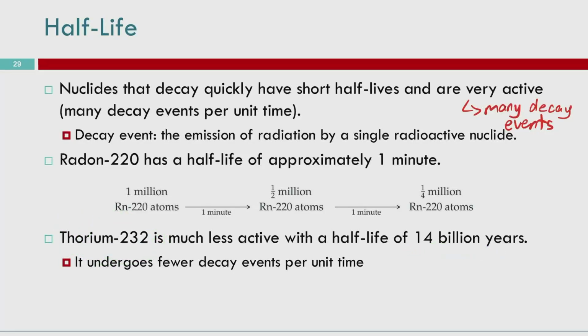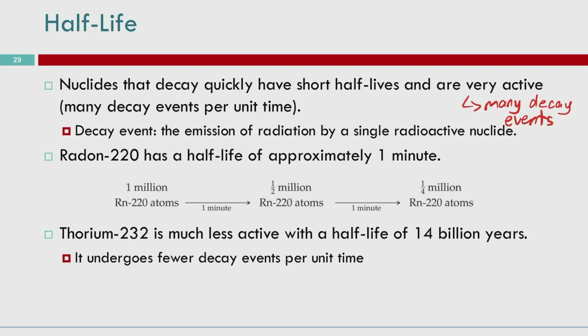It's got a half-life of 14 billion years. So you're going to get fewer particles emitted, fewer decay events per unit time. So more active means more decay events, less active, fewer decay events.